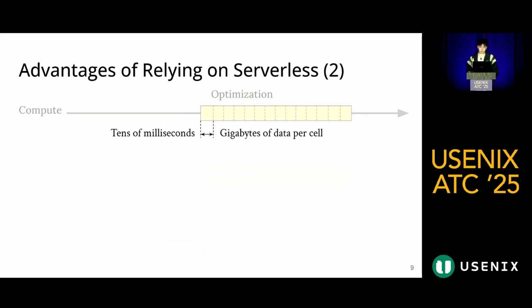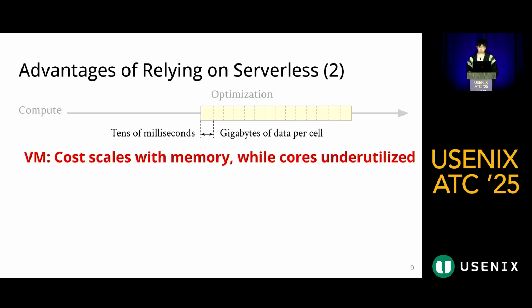And the algorithm we consider also has a very large memory demand. While each index needs to be determined in tens of milliseconds, it involves matrix operations over gigabytes or hundreds of gigabytes of data, which are pre-computed for different cells. So for VMs, the memory size would be the limiting factor, dominating the cost, because all data needs to be active in memory to be available in time.